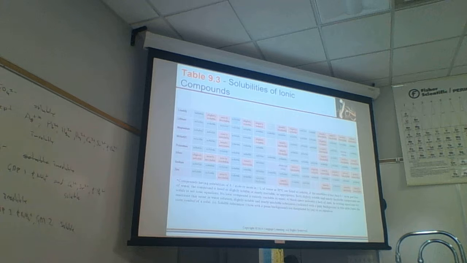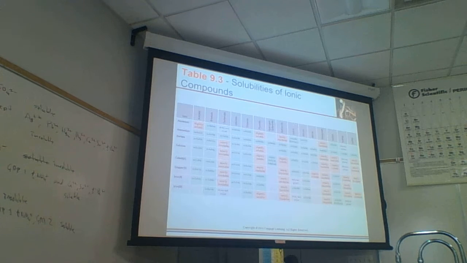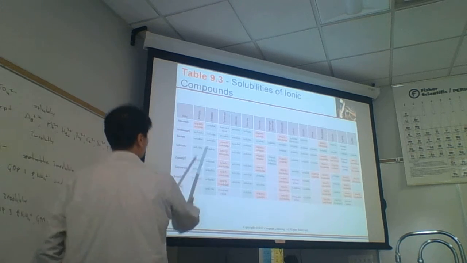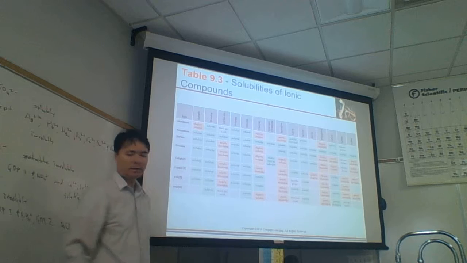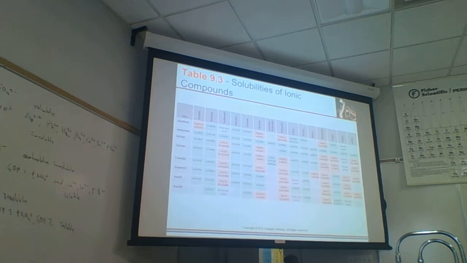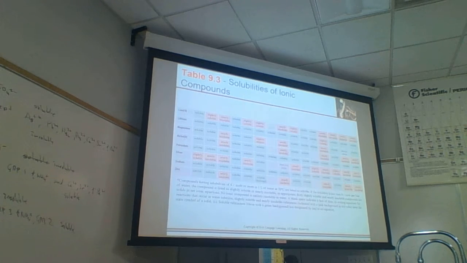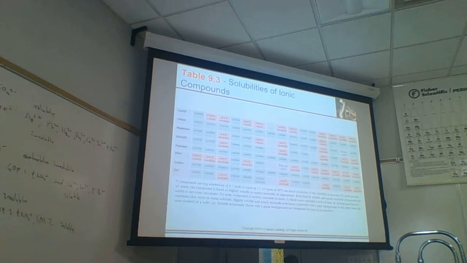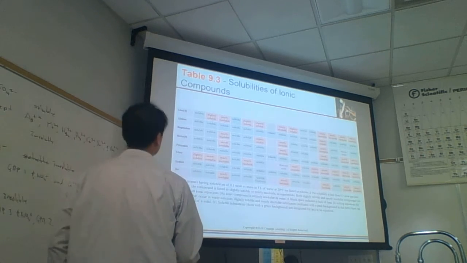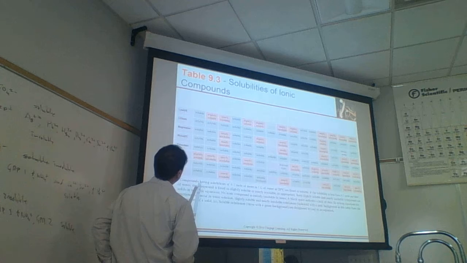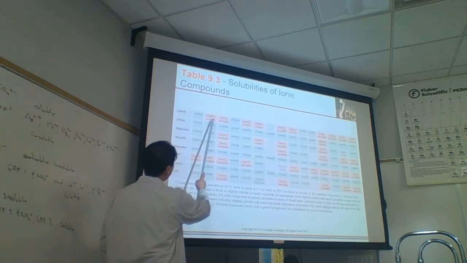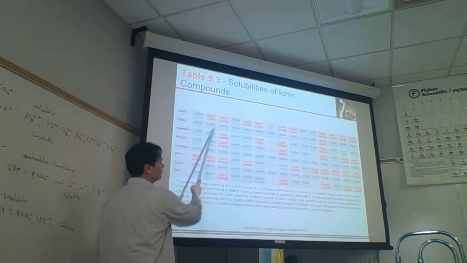And then we go to bromides. Soluble, except for lead and silver.